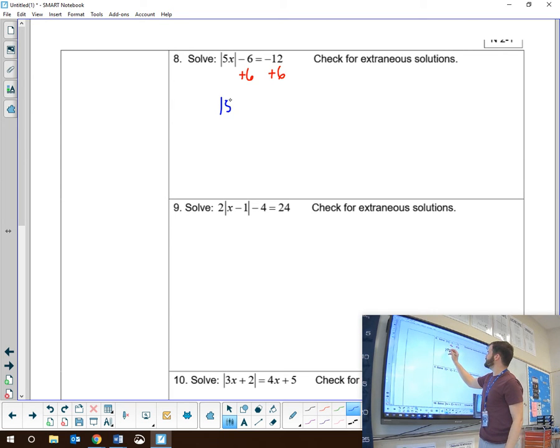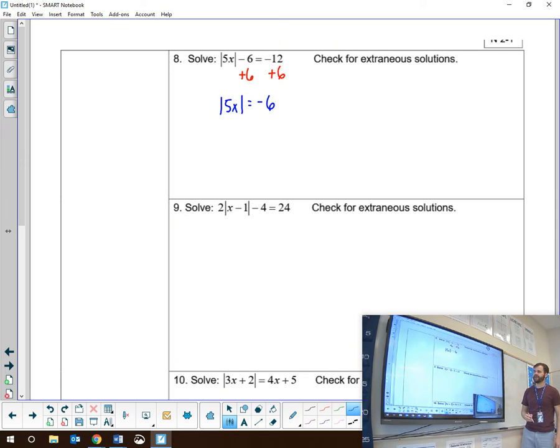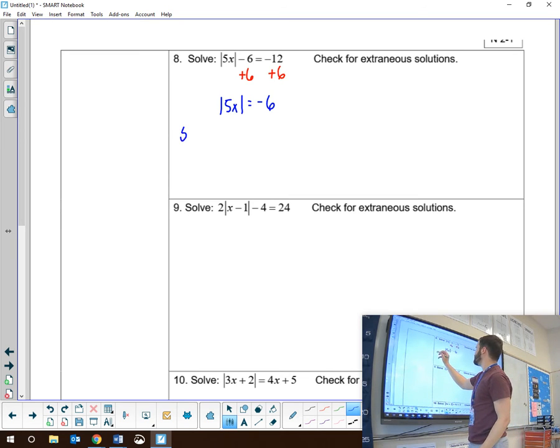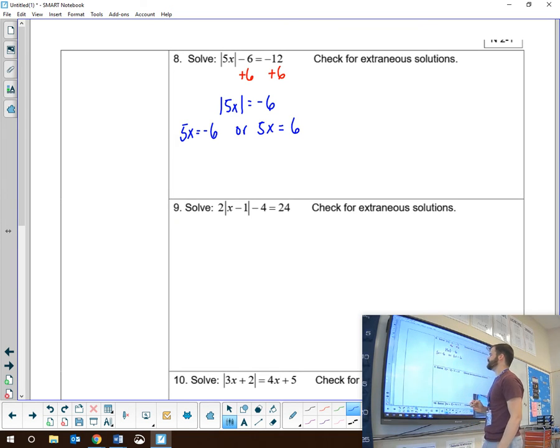Once I've added 6 to both sides, the absolute value of 5x is equal to negative 6. It's by itself. We have gotten my absolute value alone, so now I can drop it and write it as 5x equals negative 6, or 5x equals positive 6.